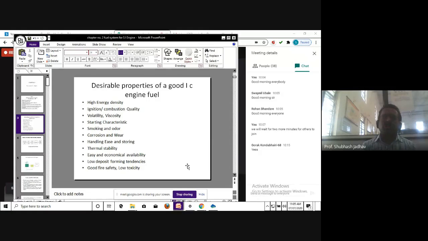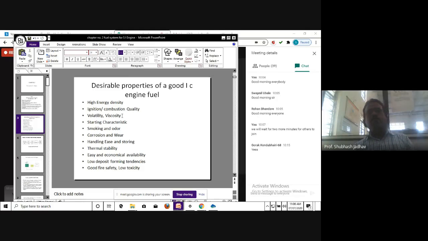These were some of the characteristics or properties which are considered desirable when we choose a fuel for an engine. Once again, high energy density: with a smaller amount of fuel, we should be able to produce more energy. The combustion should be easy and suitable for the engine we are going to use. It should easily convert into vapor, and therefore burn easily.